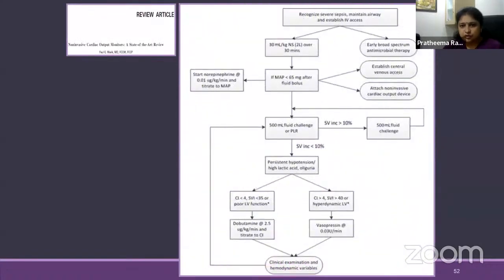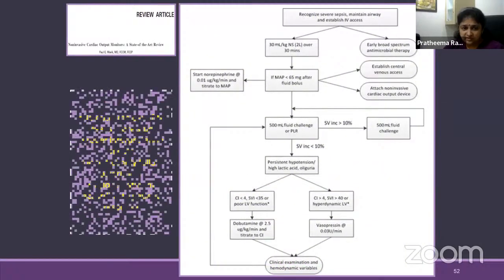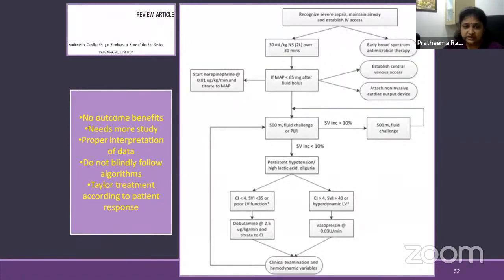So there have been a lot of protocols, flow charts, but whatever it is, it needs more study. There are not many outcome benefits. And even with the protocolized algorithms, we can see that the outcome benefits are not so high. And intensivists, by their personal choice, are looking into at least minimally invasive cardiac monitoring.